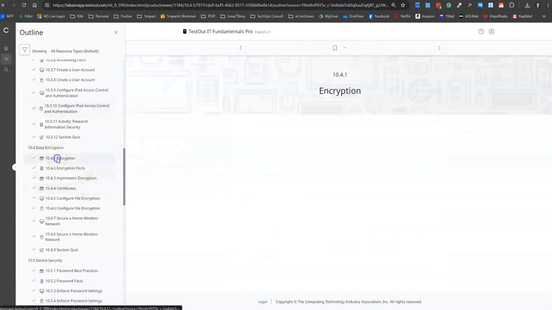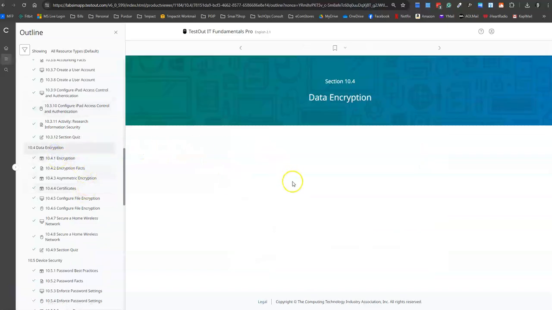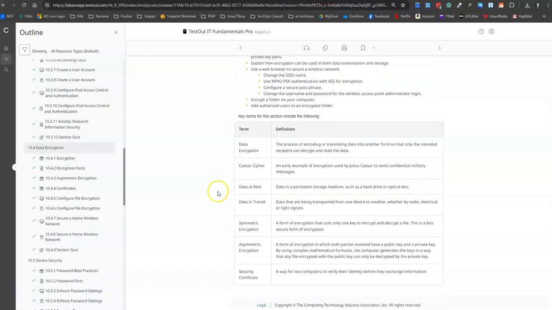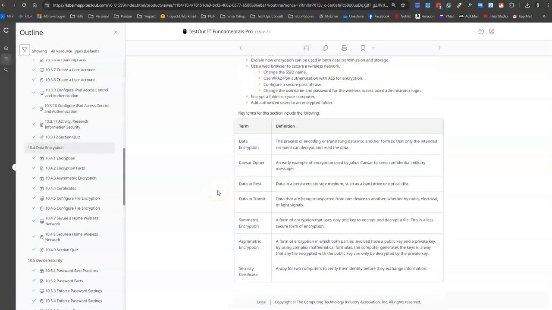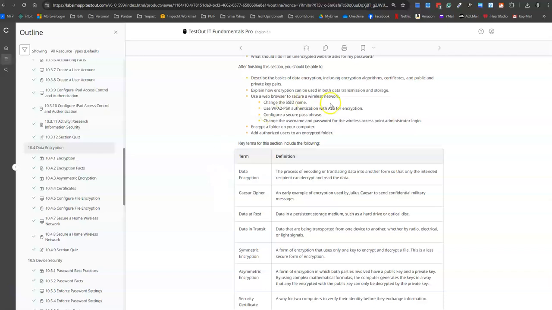And data encryption. Data encryption has to do with the fact that you're encrypting that. You're putting a password to it. You're making sure that is a way to not pass through, right? When you do your network, you're setting it up with an SSID. You're setting it up with the encryption.